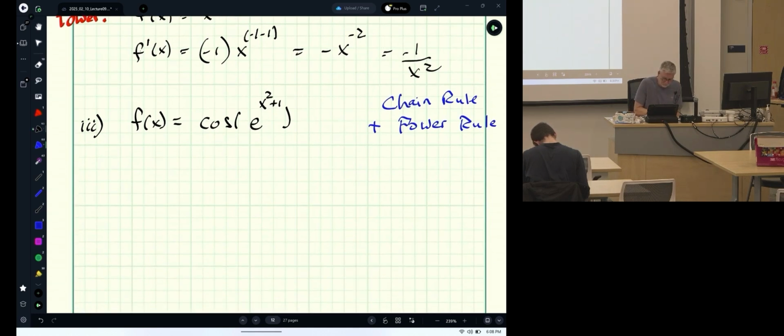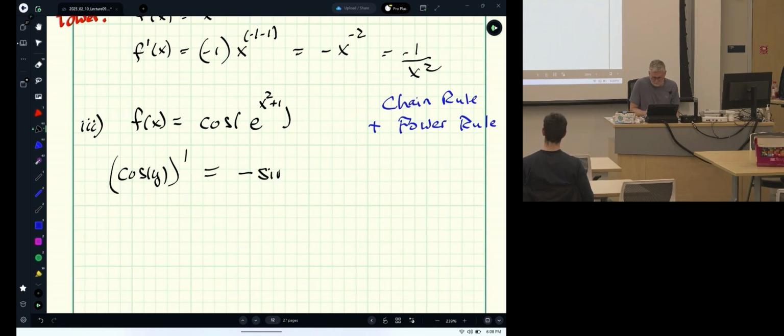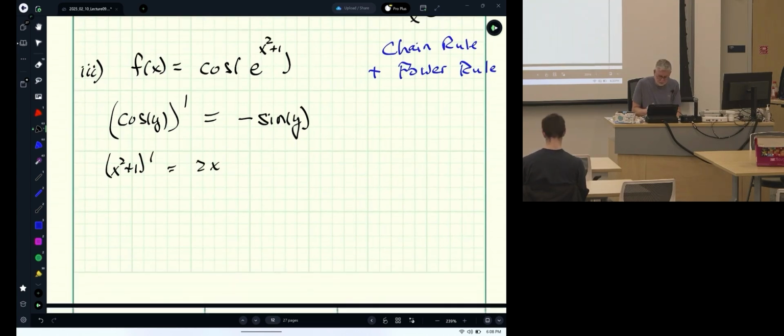So the derivative of cosine of y is, we haven't derived that one, but it turns out to be minus sine of y. The derivative of x squared plus 1 we just get 2x.